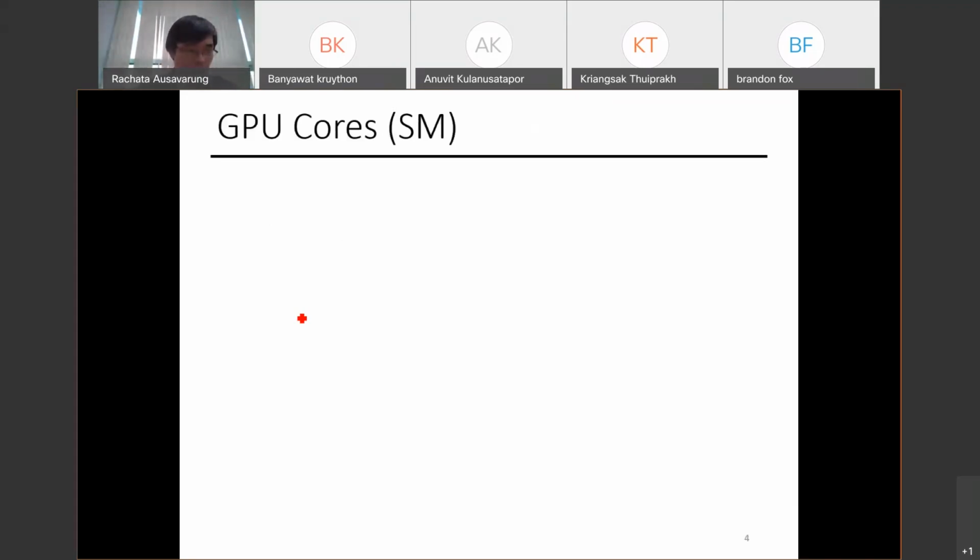Then one thing I want to make sure you are aware of is inside the GPU. Once you have the program that you can run on a GPU, if you have written TensorFlow or PyTorch code, eventually this becomes CUDA code that is runnable on the GPU side.